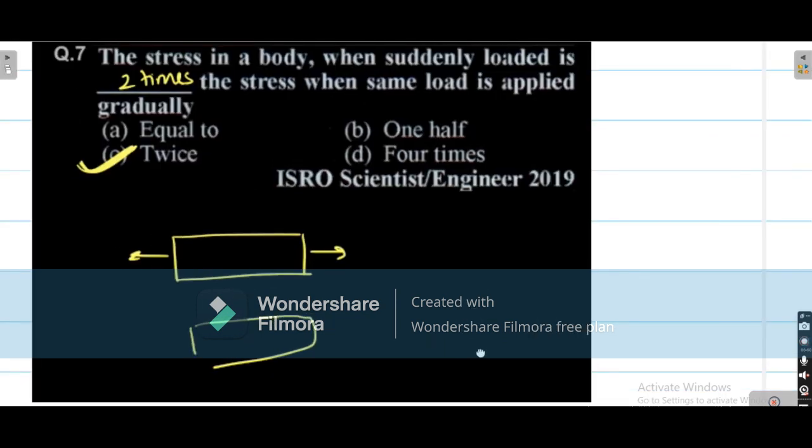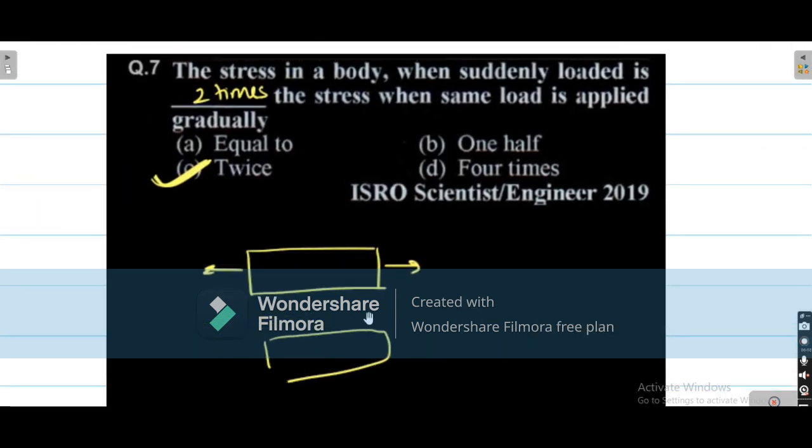Next, we have some conceptual questions. We can apply load gradually or we can apply load suddenly. There is a huge difference between sudden load and gradual load. Gradual load means at a time interval t.